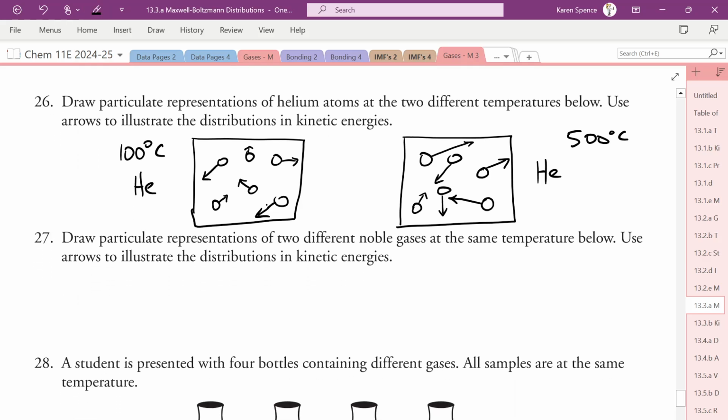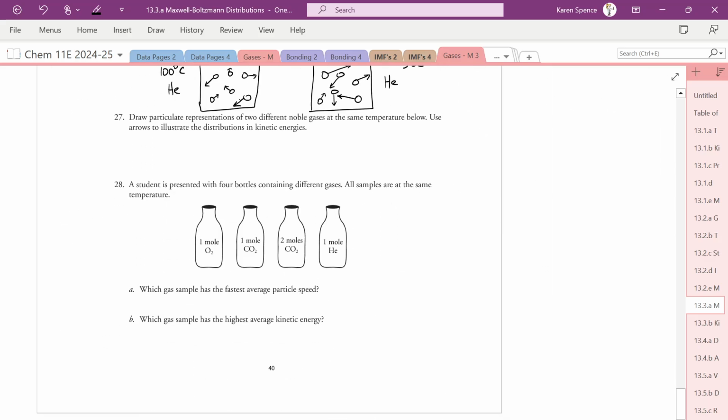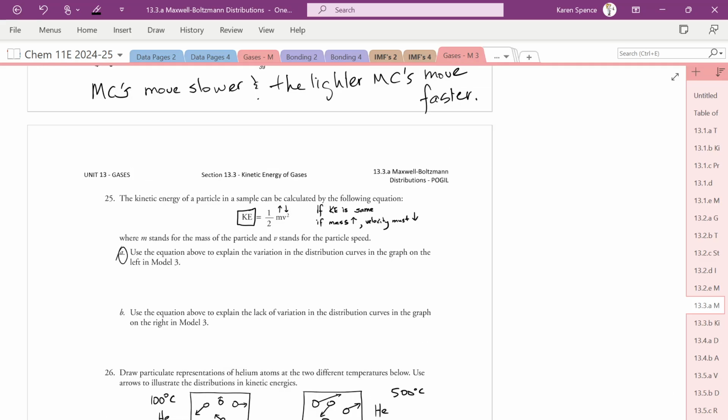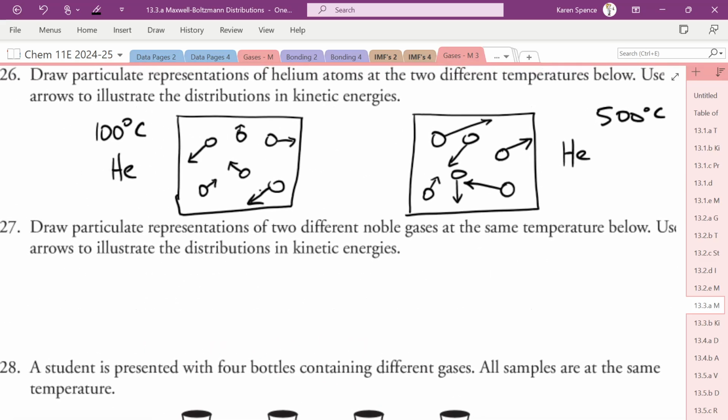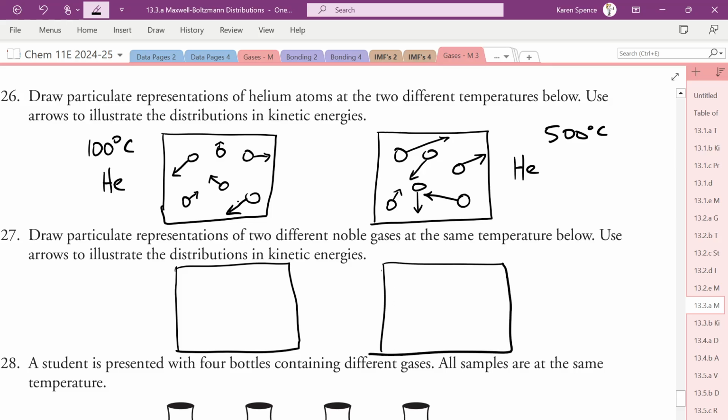Let's represent two different noble gases at the same temperature. We are on page 40. So once again, little box. And let's just do helium and neon.